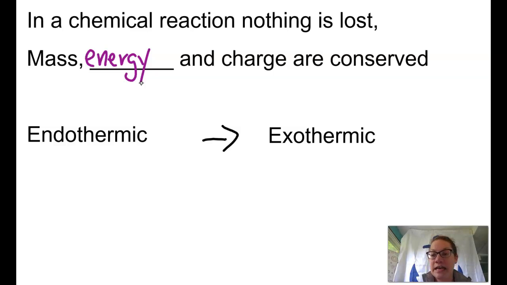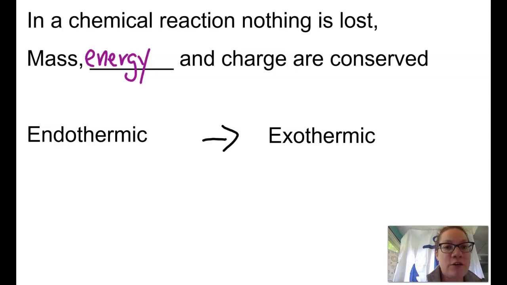If a reaction is endothermic, that means that energy is being absorbed. If a reaction is exothermic, that means that energy is being released. So when we put the amount of energy in a chemical reaction, we can have the heat term right in the chemical reaction.